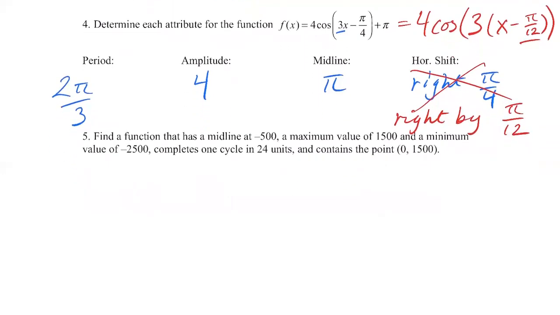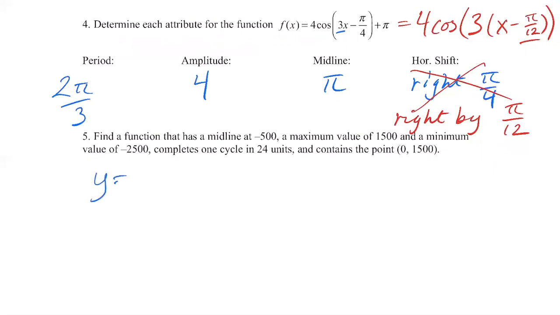Finally, an interpretation problem. We're going to build a function based on this information. Find a function that has a midline at negative 500, a maximum value of 1500, and a minimum value of negative 2500, completes one cycle in 24 units, and contains the point 0, 1500. Should we start with sine? Should we start with cosine? Heck, let's just start with sine.